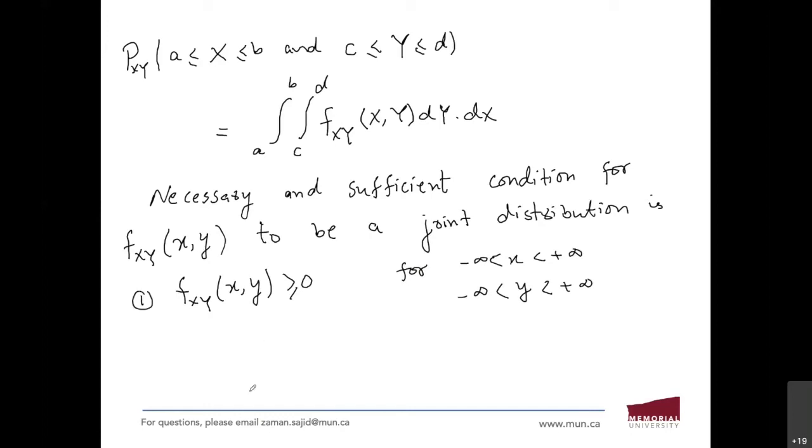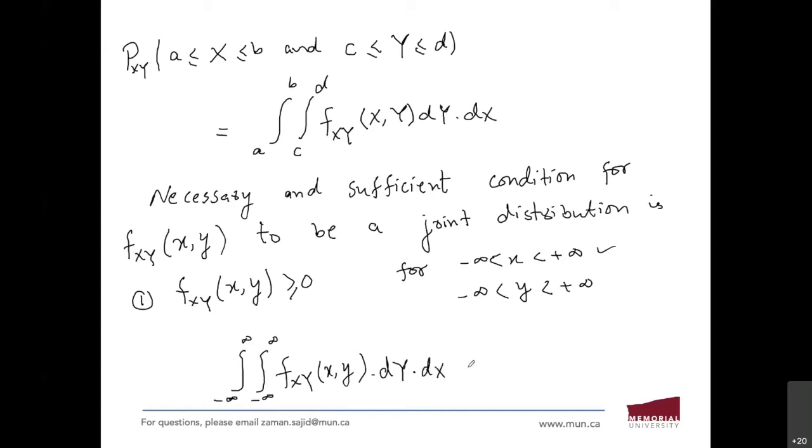Now the second condition is this f of x, y for x and y. We will take two integrals here, from minus infinity to plus infinity, and for y again from minus infinity to plus infinity, with d of y and d of x.